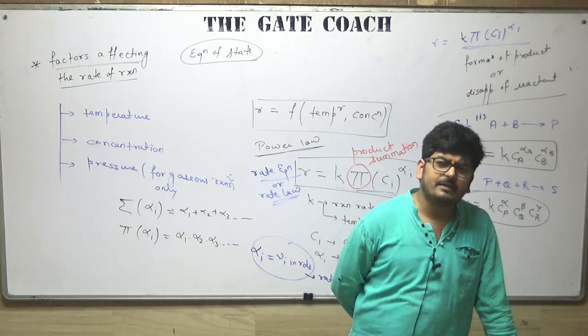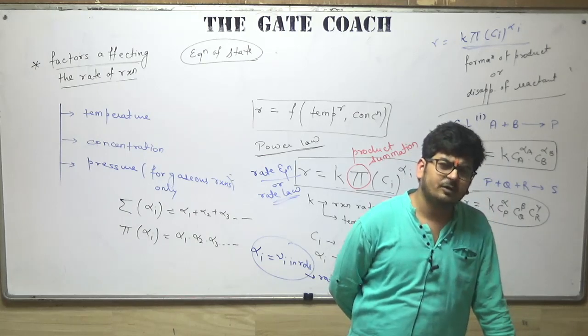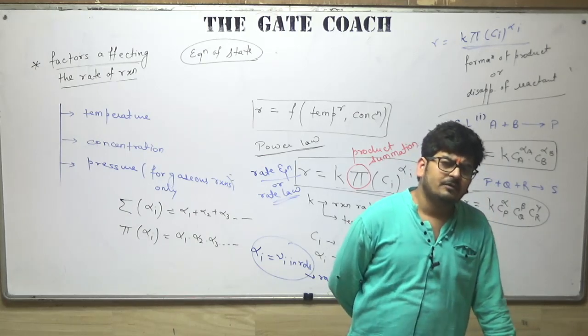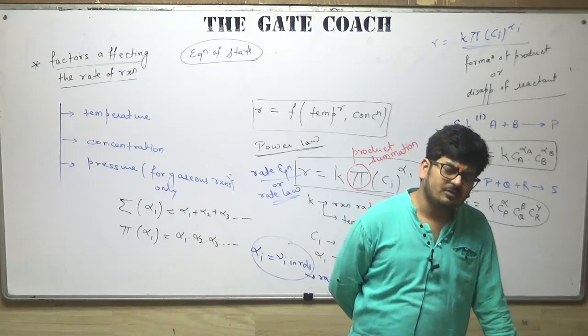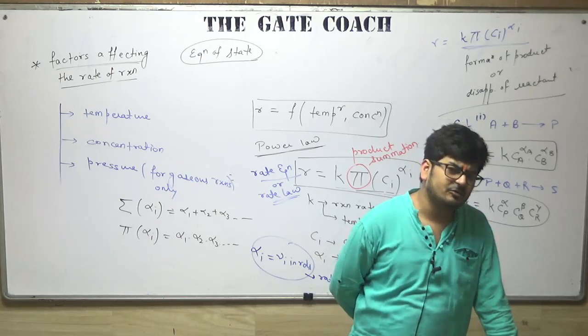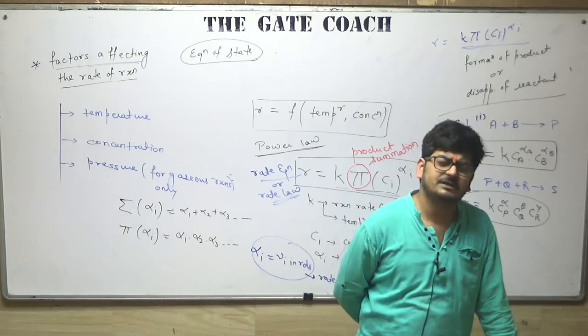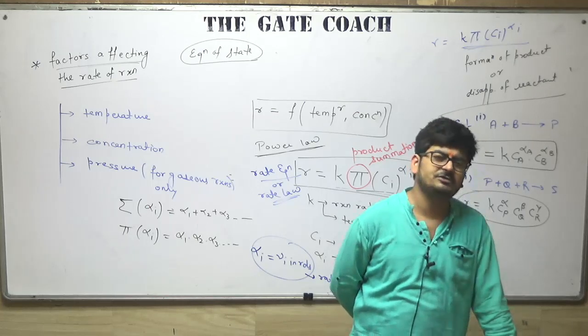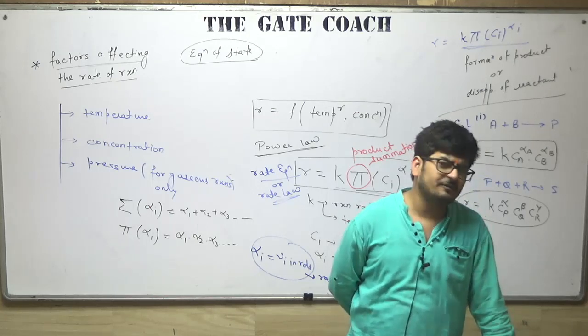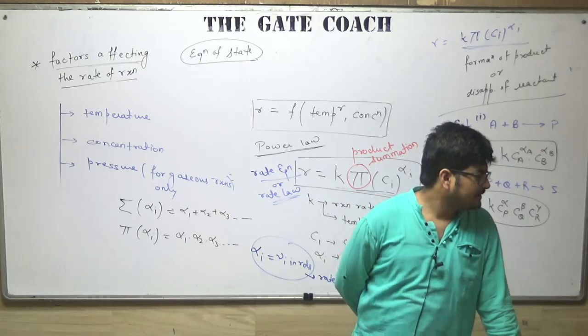You must have heard about the ideal gas equation of state, van der Waals equation of state, virial equation of state, Peng-Robinson equation of state, SRK equation of state. There are so many equations of state, more than thousands.